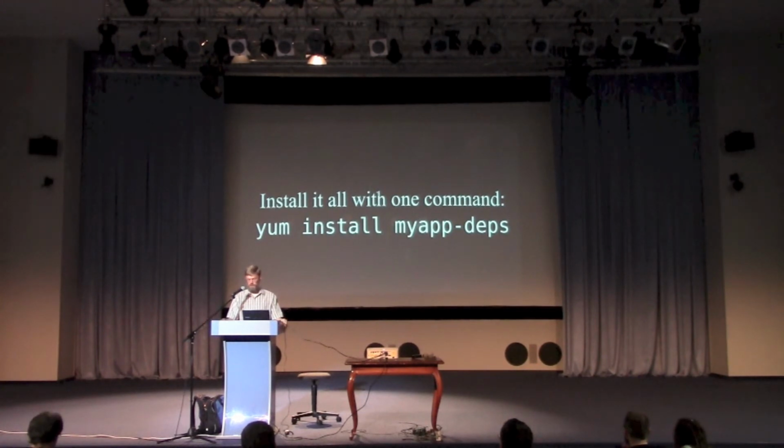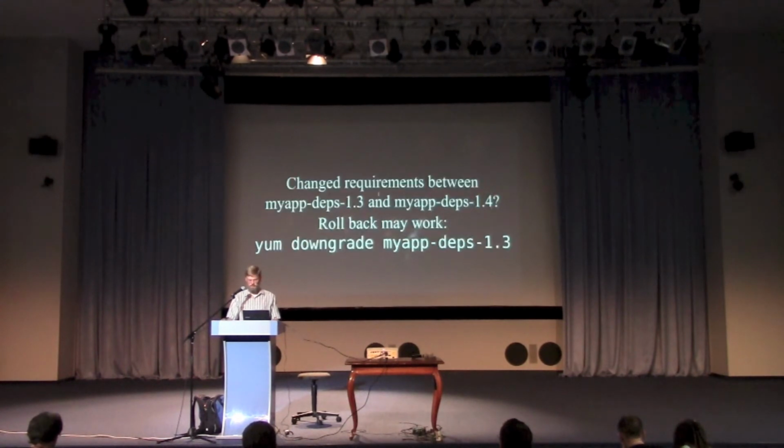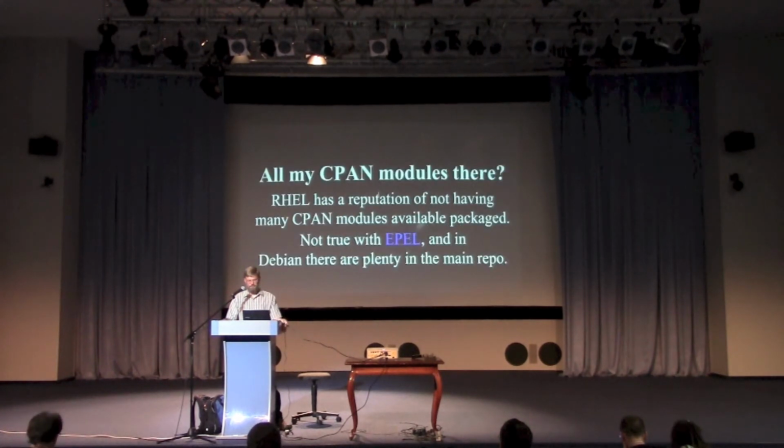And you just say yum install and the package name that you made up, and it will go download and install everything. And it's very fast. If you need to roll back, it might even be rollbackable, but it might not. That's one of the less used features of yum, but it has worked in the few cases I've used it. I just think it's worth a caveat about that.